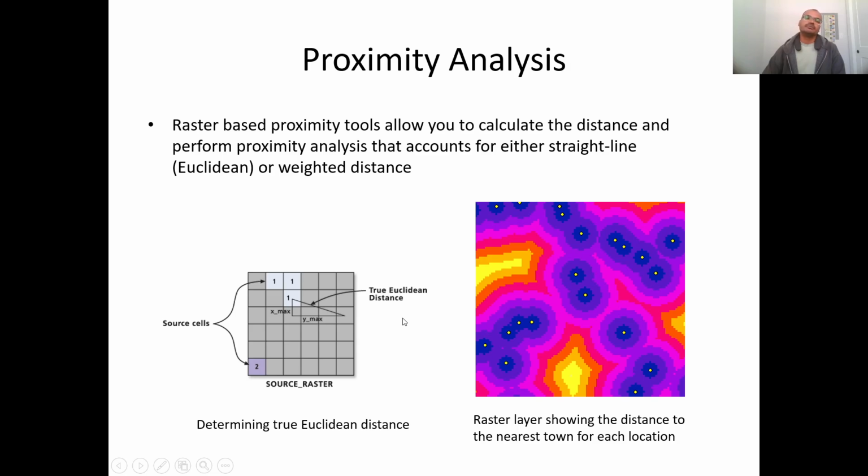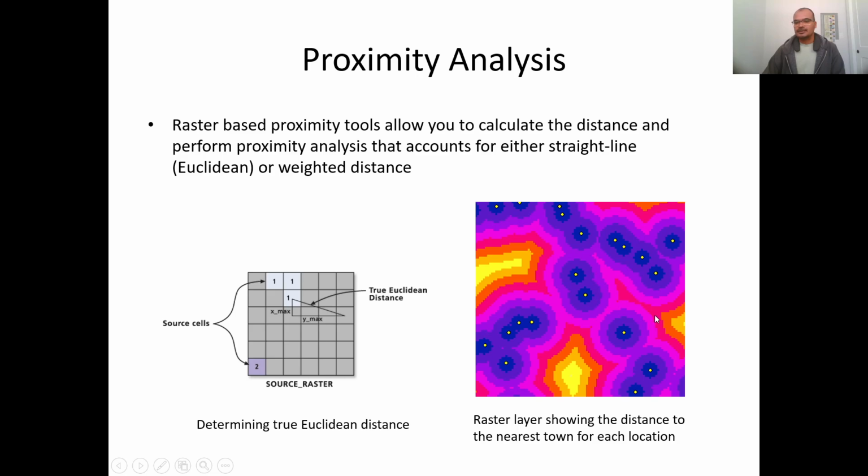Statistics can also be calculated based on the distance function. Like vector-based distance and proximity analysis, you can use raster data also for proximity and distance analysis, where you can calculate the distance and perform proximity analysis based on Euclidean distance. For example, here the raster layer shows the distance to the nearest town.